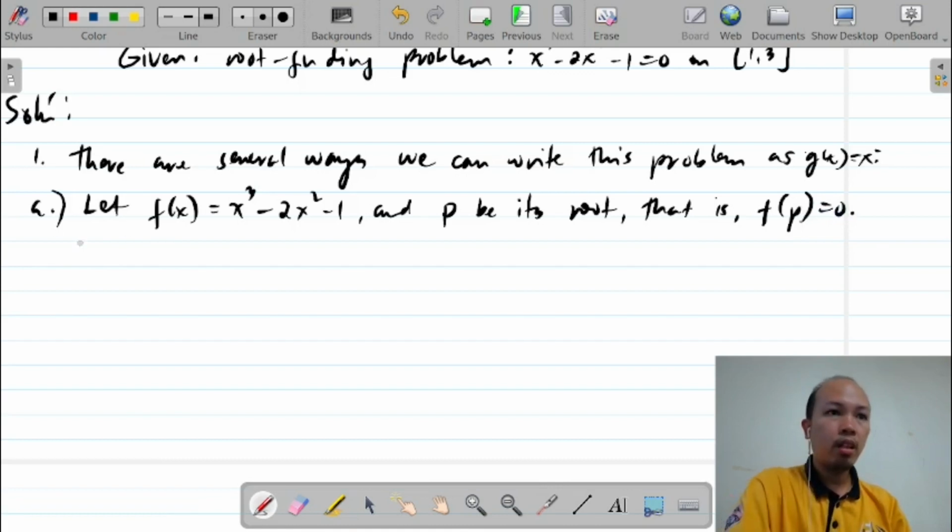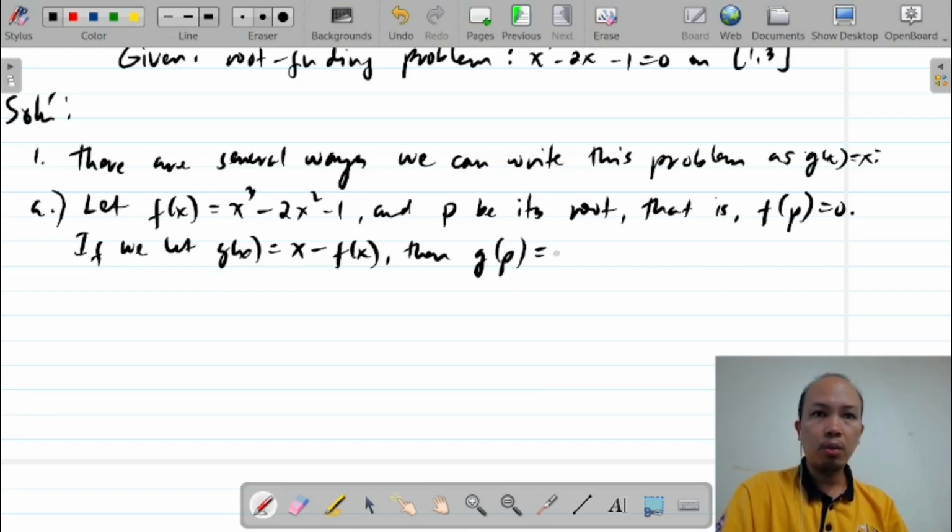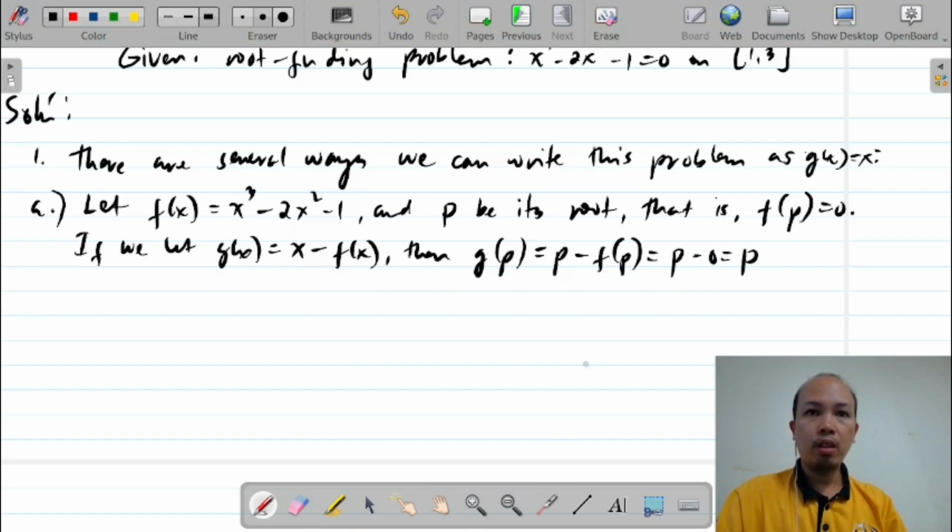And if we let g of x be equal to x minus f of x, just like what I have said or written before, then what will happen is the root p is also a fixed point of g.